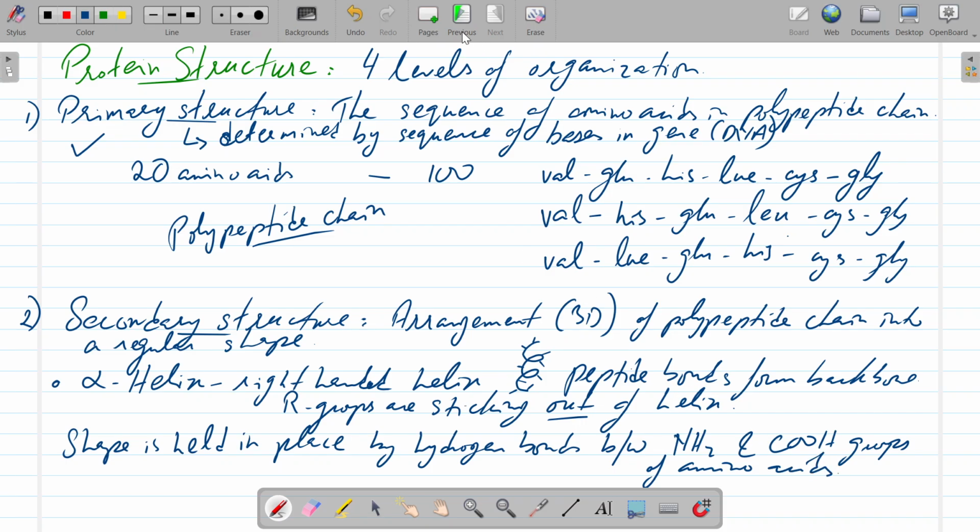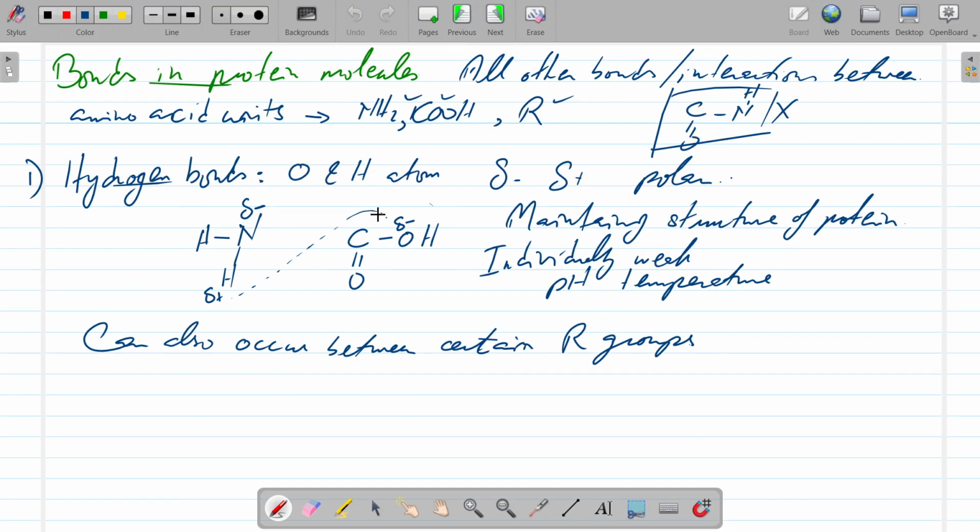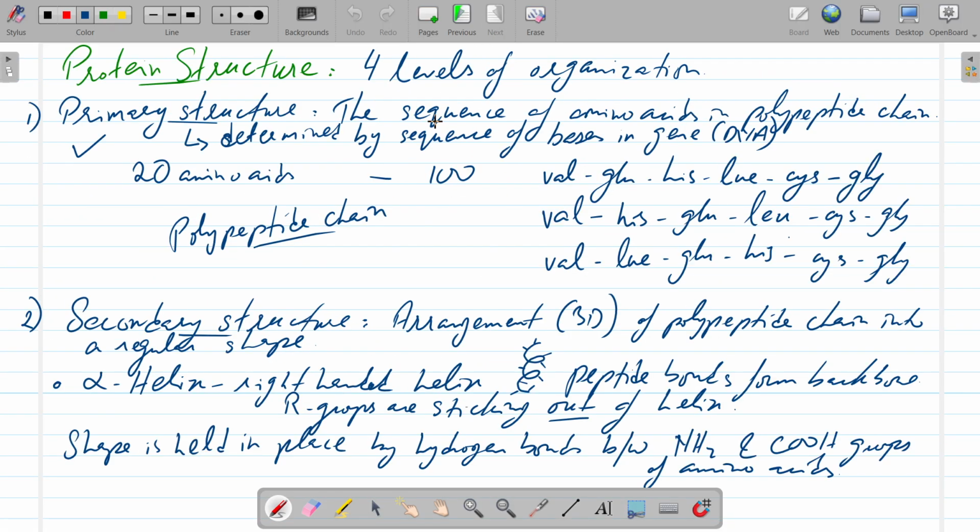So remember yesterday when we were talking about hydrogen bonds, I mentioned that the bonds can occur between R groups and also between the amine and the carboxyl groups. Alright, so in the secondary structure, it is held in place by hydrogen bonds, but these hydrogen bonds are being formed between the amine and carboxyl groups of the amino acids.